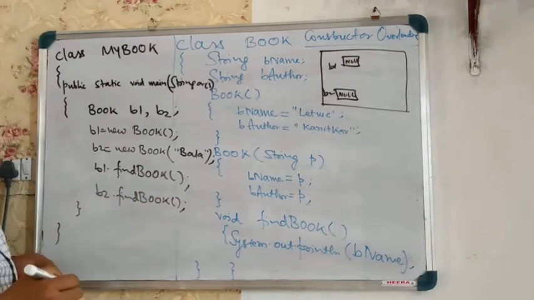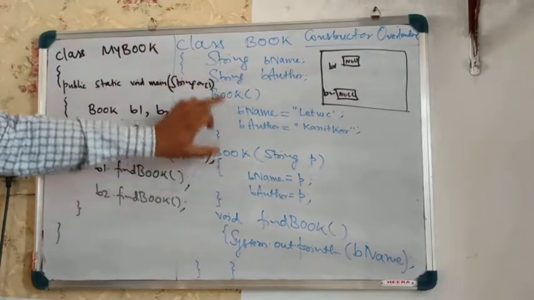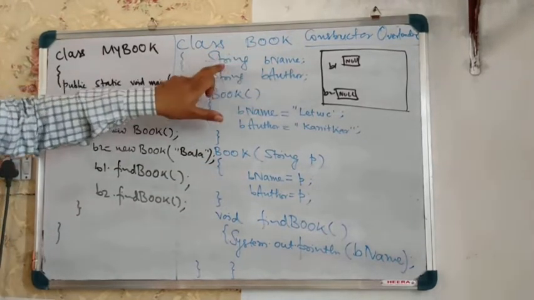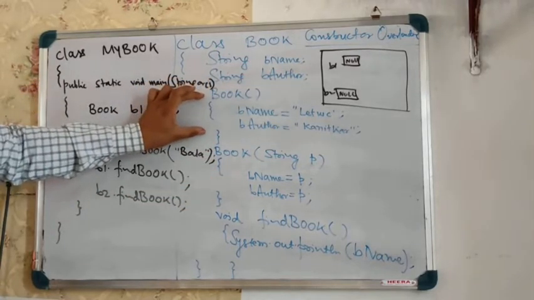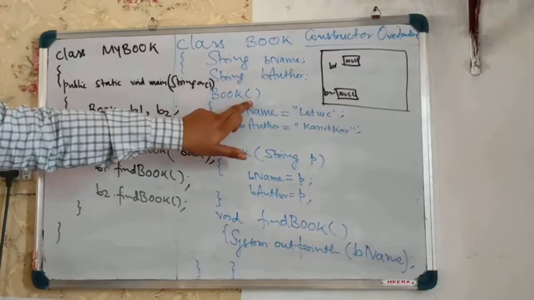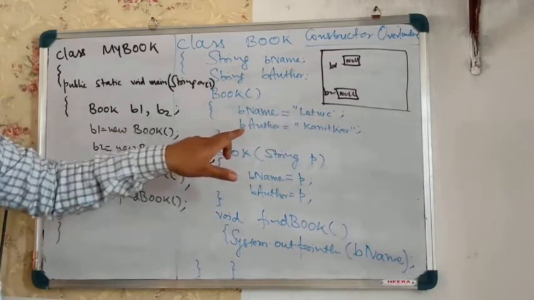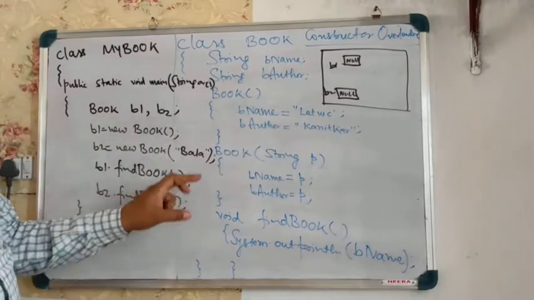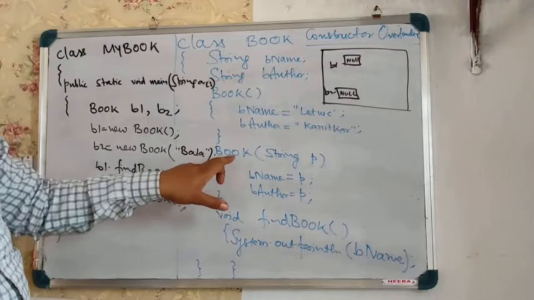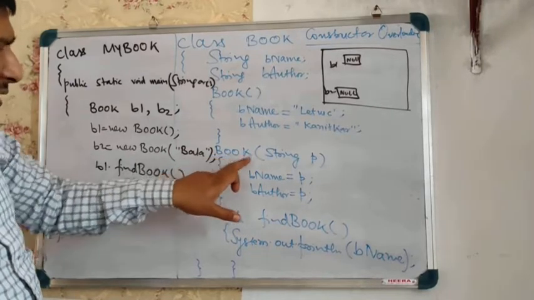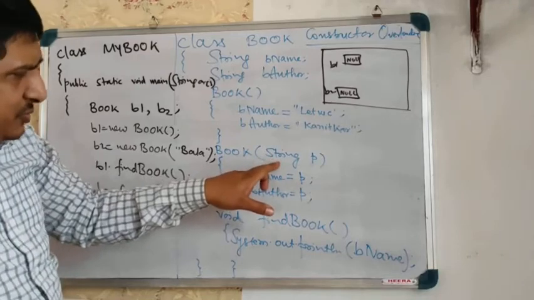And this is completed successfully. So what I wrote in my first part, I wrote class Book, string bname, string bauthor. Then this is constructor number 1, which has no arguments. And here I have assigned bname as letter C and bauthor as Kanitkar. But I have now another constructor with one argument, and that argument is of type string.